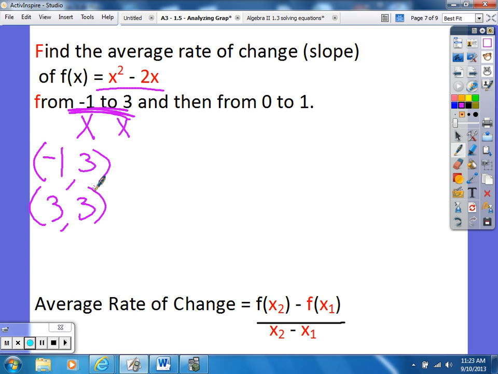F of x, it's the same thing as what other letter? So you know what I'm going to do? I'm going to put y2 instead of this. What formula is that? Yeah, that's slope. Find the slope between those 2 points. So when it says find the average rate of change, all you're doing is finding slope.